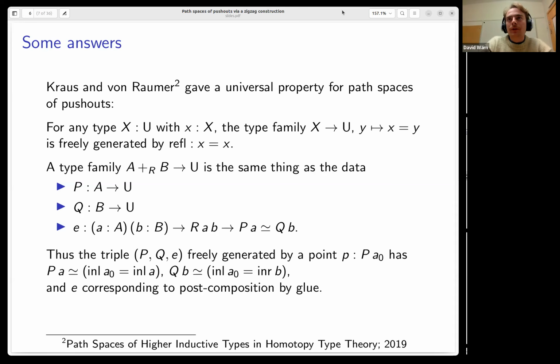So this is using the universal property of pushouts together with univalence, or it's a kind of encapsulation of descent, if you like.